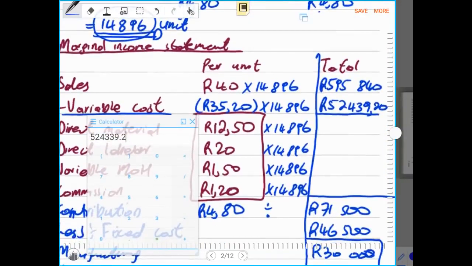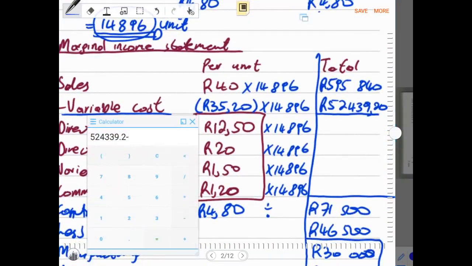Then if we say that minus 595,840, this gives us 71,500. Therefore now the 80 cents is just the issue of the rounding off.